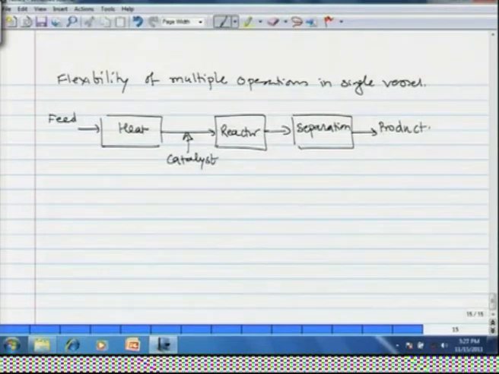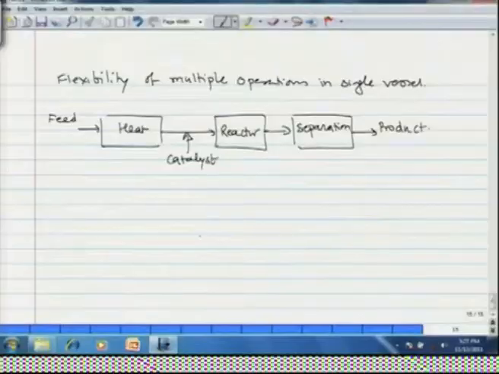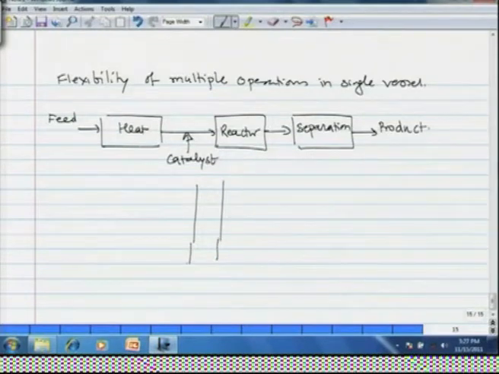Now, in a continuous process, you will need 3 different vessels for heating of the feed, reaction and separation. However, in a batch process, you can carry out the same operation in a single vessel, which could be the reboiler of a distillation column.